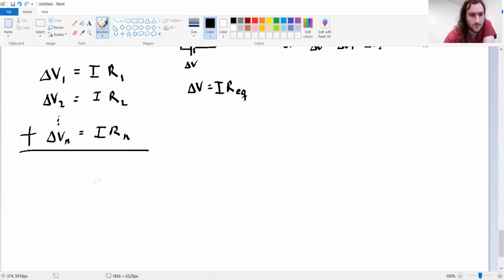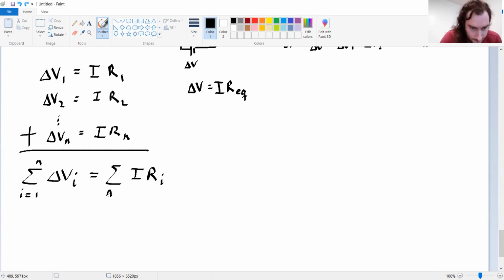On the left side, we would have the sum from I equals 1 to n of delta V sub I. And that would be equal to the sum of I times R sub I, and this sum would also be from I equals 1 up to n.